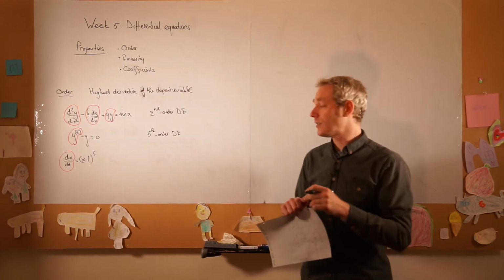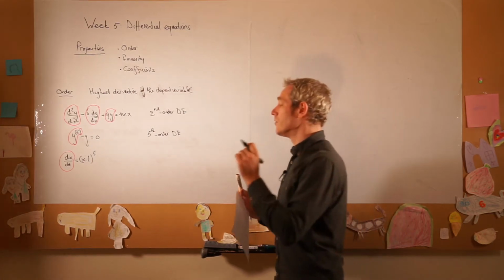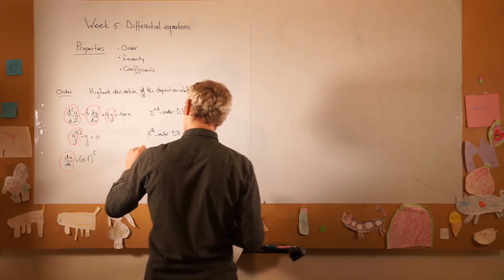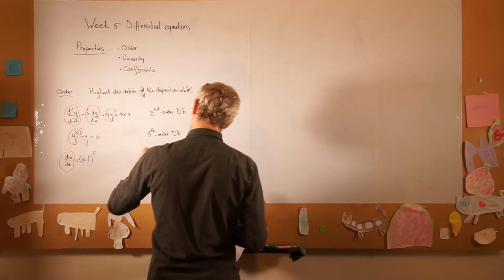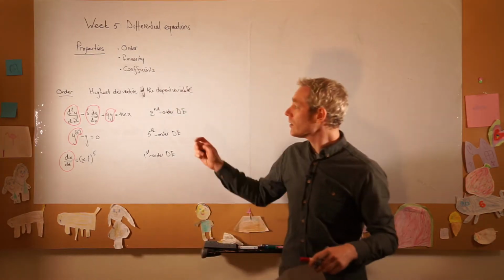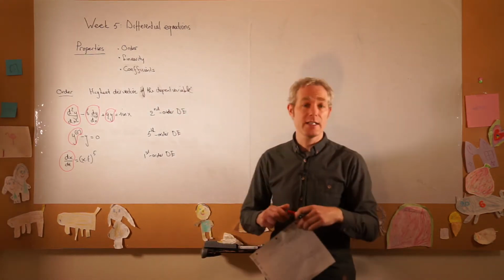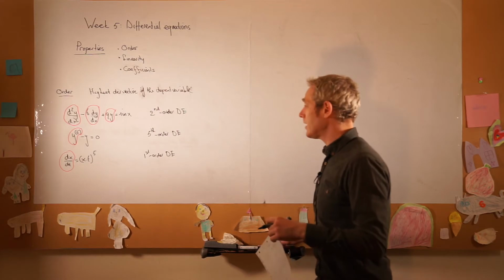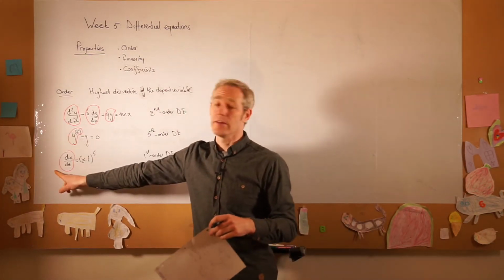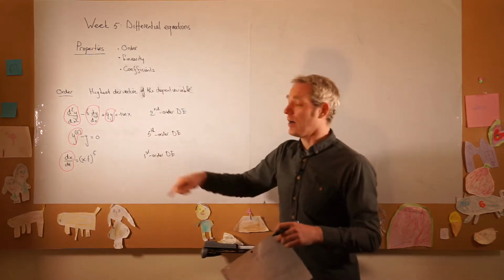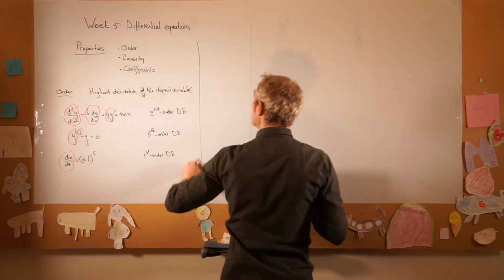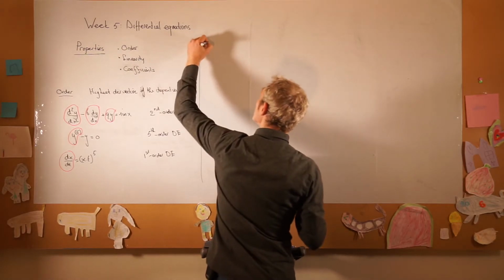That is not related to the order, it is the highest derivative, and so this is a first order differential equation. So the order of a differential equation is the highest derivative of the dependent variable, and in this case it was the second order, the fifth order, and the first order. So the next one is linearity.